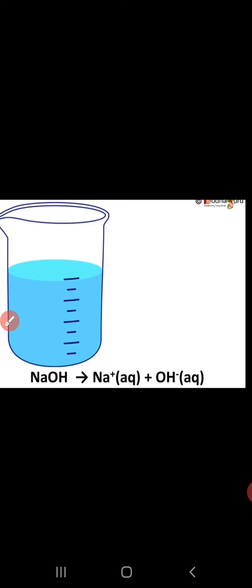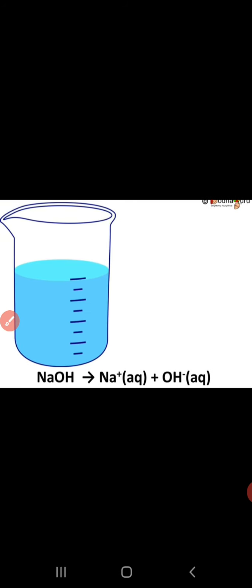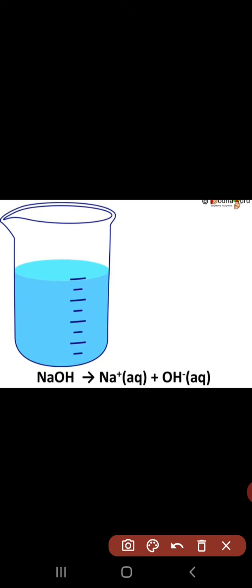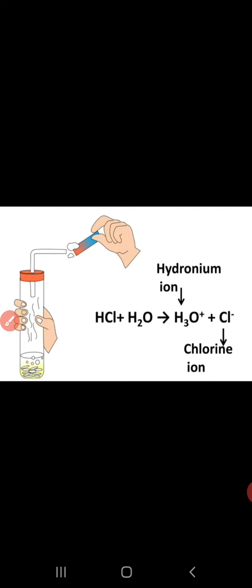Now in case of base, NaOH, sodium hydroxide, it is dissociated into Na plus aqueous and OH minus aqueous. Now see here, the hydrogen ions cannot exist alone, but they exist after combining with water molecules.